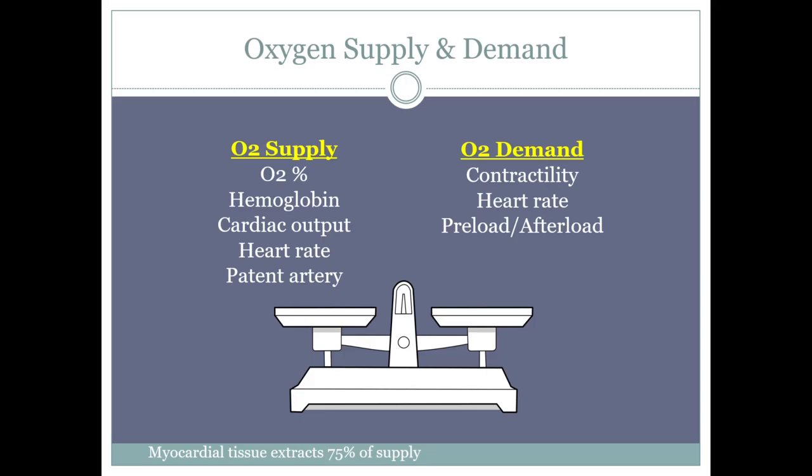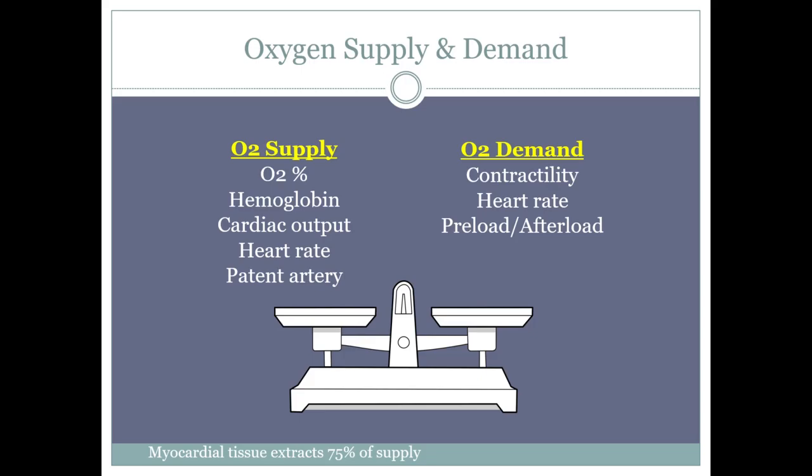Preload, afterload. Again, preload is the amount of blood that is present in the left ventricle just prior to systole. The larger the amount of blood there, the more the heart has to work to get it out, so you increase demand there as well. Afterload is the resistance that the heart has to pump against.